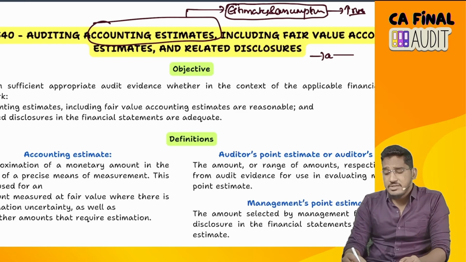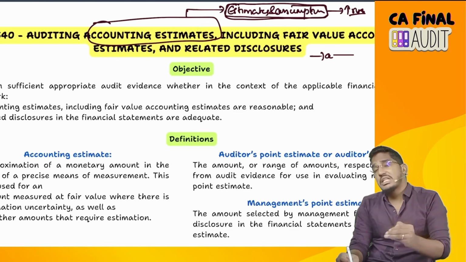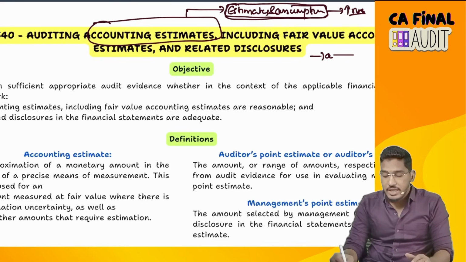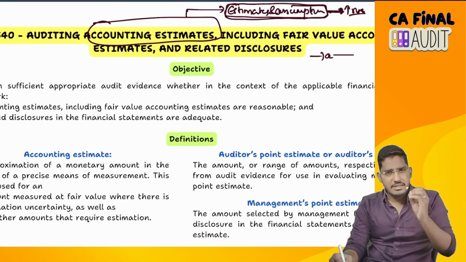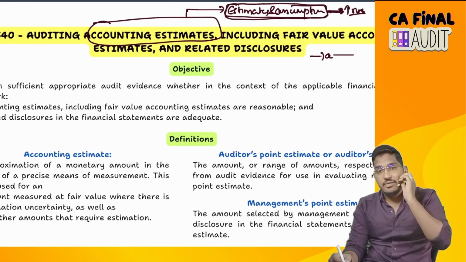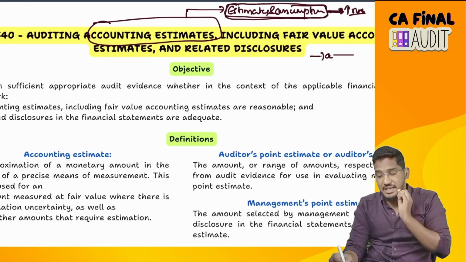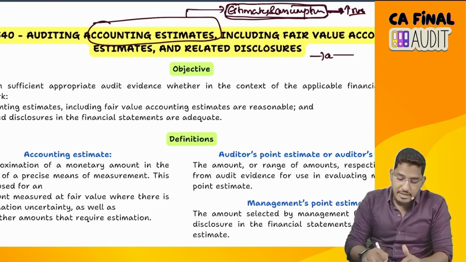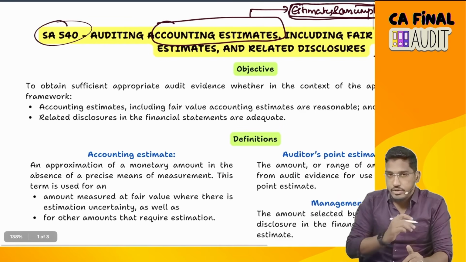But when the management has determined a figure purely on the basis of estimate and assumption, they can change their assumptions and estimates to get the desired outcome. So that's why wherever you find accounting estimates, that is a very risky area. So that's why even the standards on auditing have felt that in this area we need to give specific guidance for the auditor. So that's why they have given this SA 540.